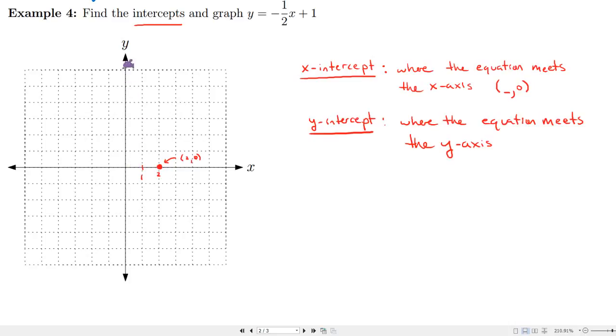And there, you'll notice that the x values are 0, but the y values are changing. And so you can use this strategy to actually figure out where they actually are. Okay, so to find the x-intercept, I want the y to be 0 and the x to be something. So what I could just do to find the x-intercept is just set y equal to 0.